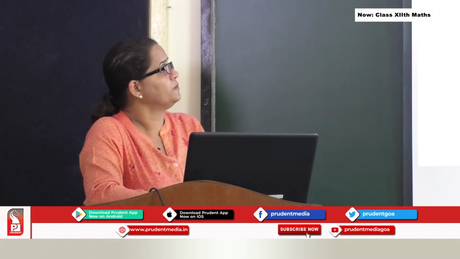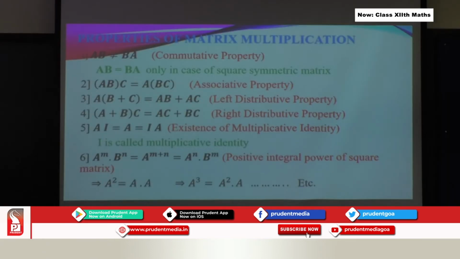Let us look at the next topic, properties of matrix multiplication. We first studied this kind of properties in terms of matrix addition. Now look at the commutative property. This commutative property is not true for matrix multiplication, but for matrix addition the commutative property is true.